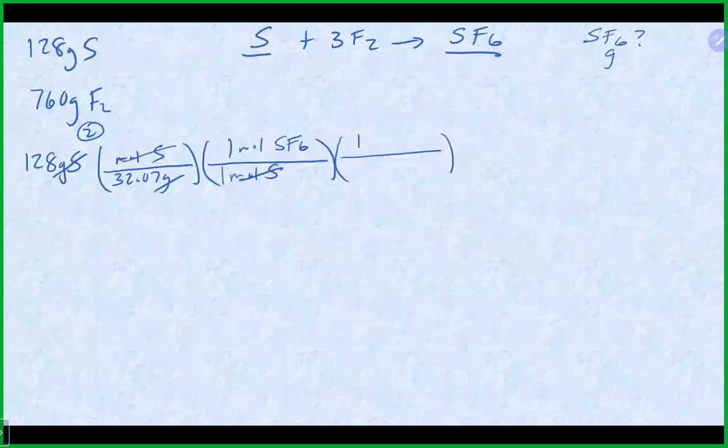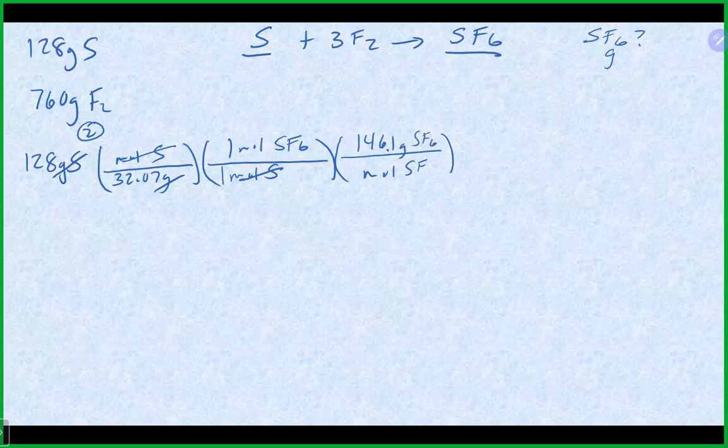So we'll use that, 146.1 grams per mole of SF6. And this obviously would be step number 3 and step number 4. Step number 1 would be our balanced equation. And we would do this for sulfur, and we would see that from sulfur we would produce about 583 grams of SF6.